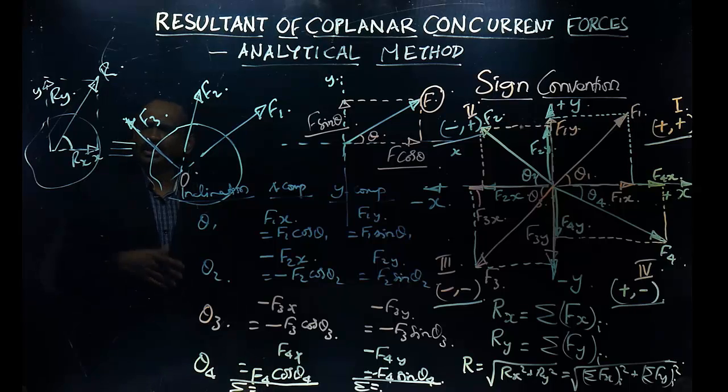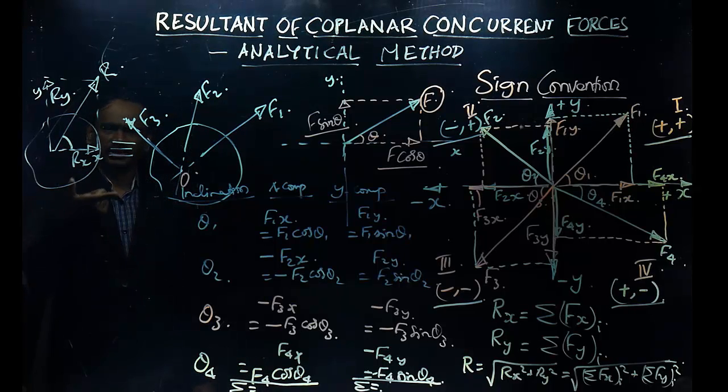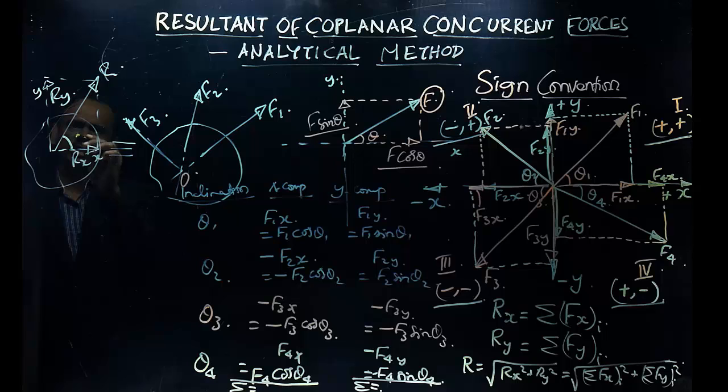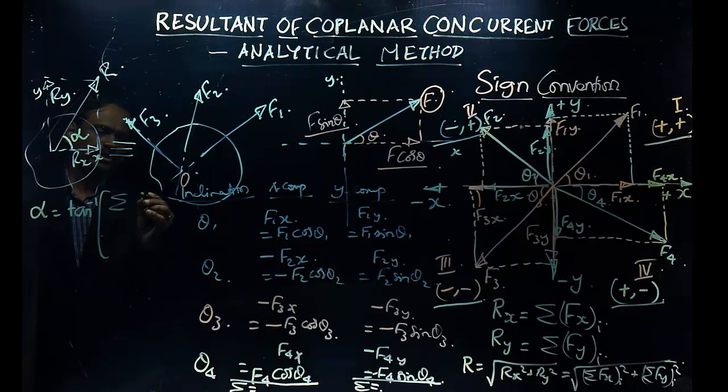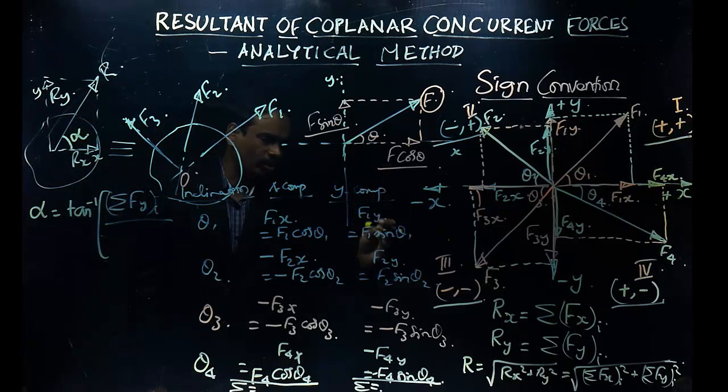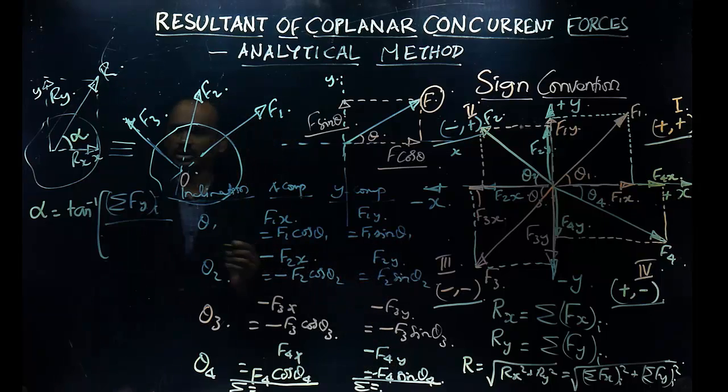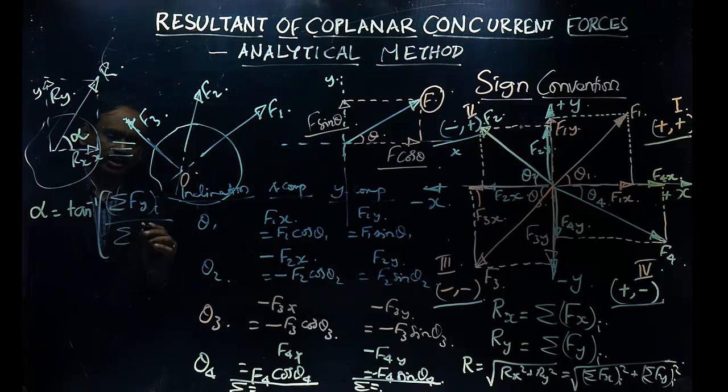Now we have to find the inclination of the resultant with respect to x-axis. Let's say that is alpha. Alpha is given as tan inverse of sigma Fyi, where sigma Fyi is summation of all the y components of the given forces, divided by sigma Fxi.